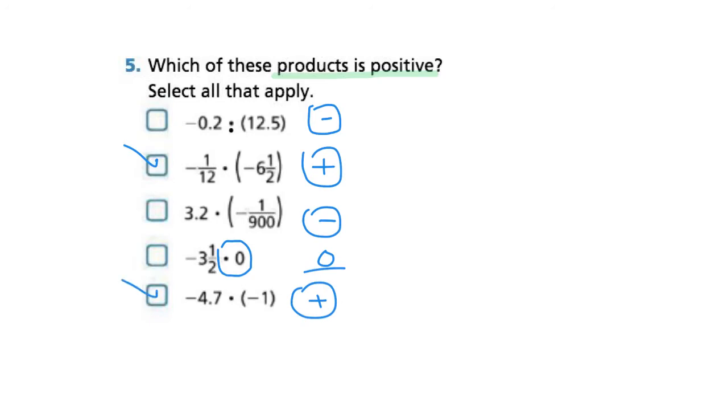As we work through this lesson, we're going to be working with both types of rational numbers, decimal and fraction. You are free to choose between a decimal form or a fraction form when you do your work, except if your fraction turns into a repeated decimal.